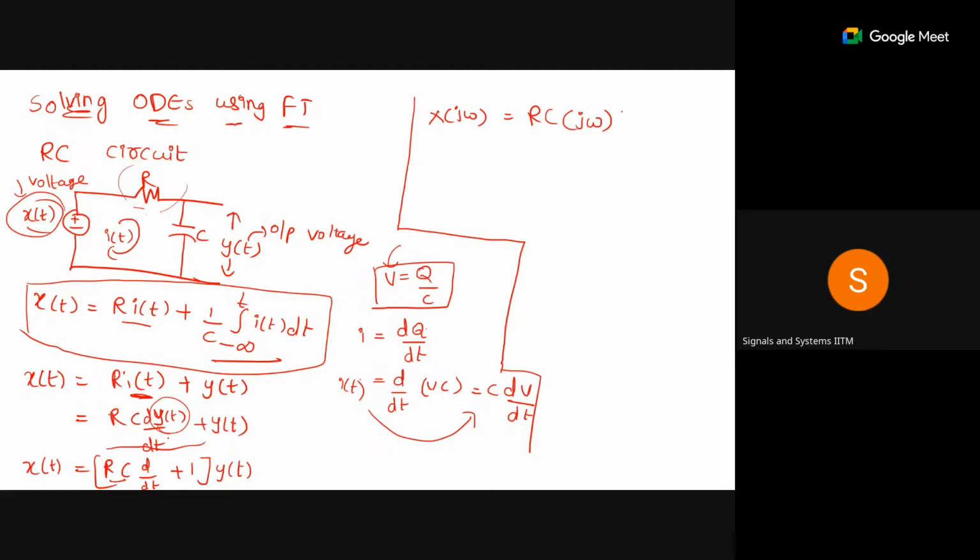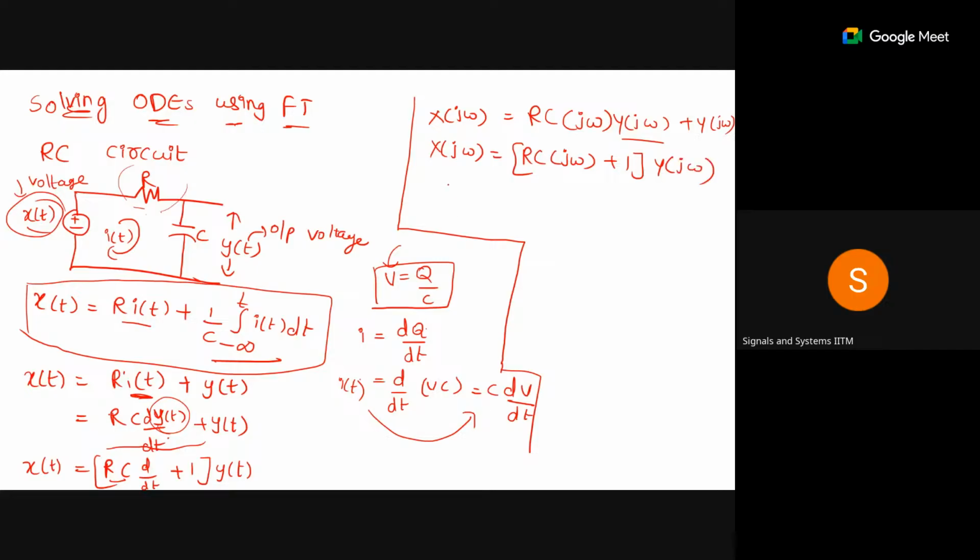So it will be RC j omega Y of j omega plus Y of j omega. I am taking Y of j omega common.